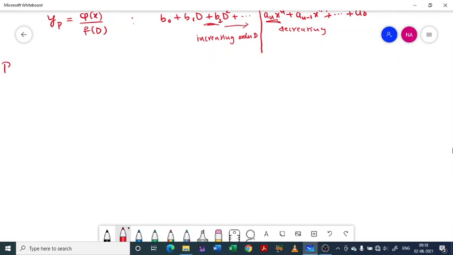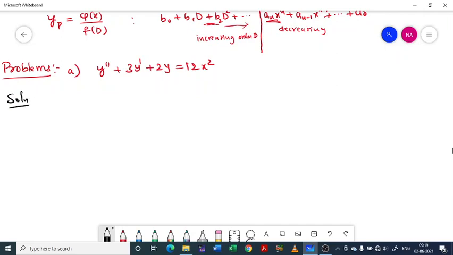Problems. A. Solve the differential equation y double dash plus 3y dash plus 2y equal to 12x square. Solution.